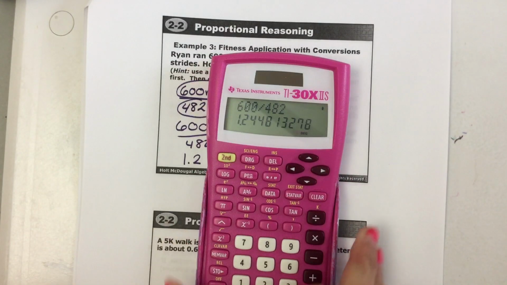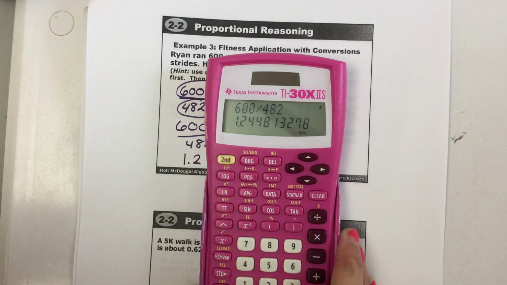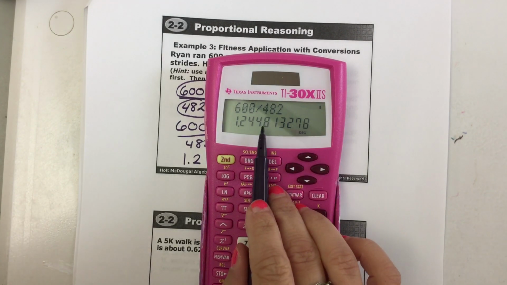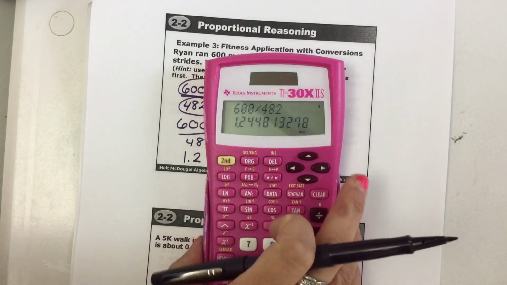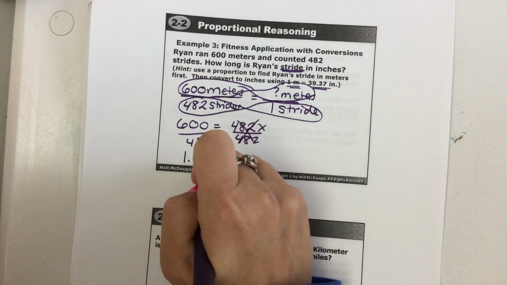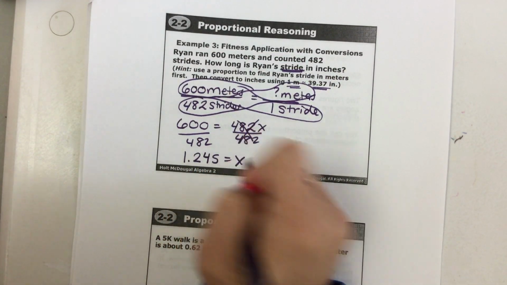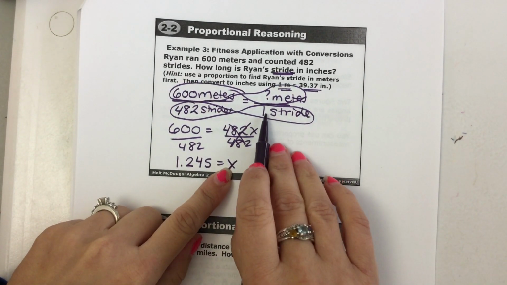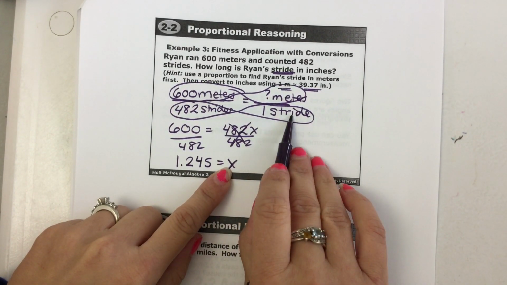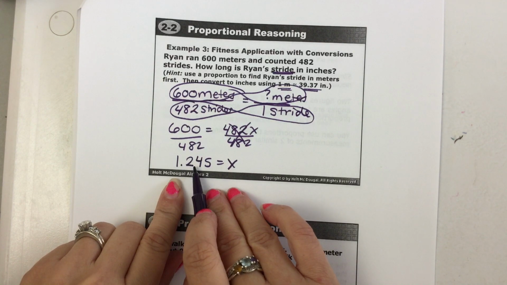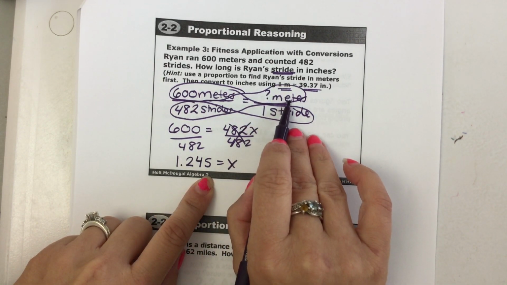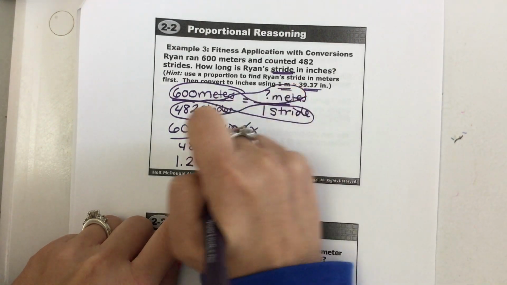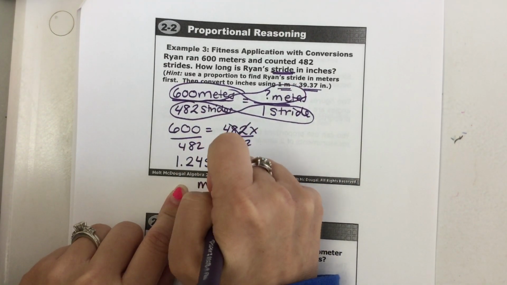Okay, this is what I got on my calculator. 1.2448, so I'm going to take this 8 and bump that up to a 5 and go 1.245. That's what x equals. So what that means is one of Ryan's strides is 1.245. That goes on the top. On the top, the label is meters.